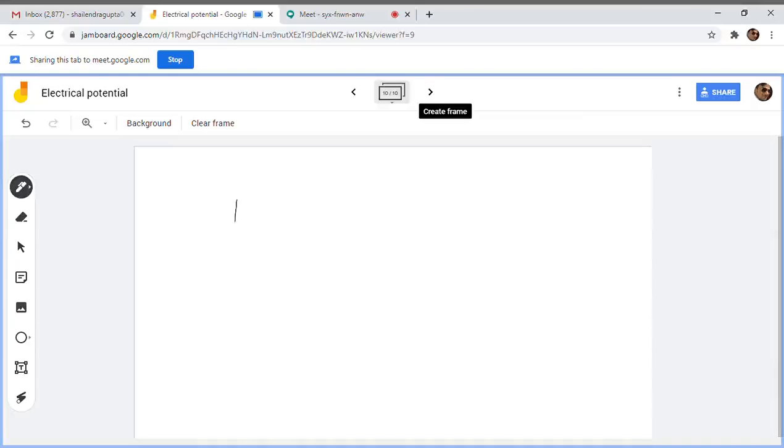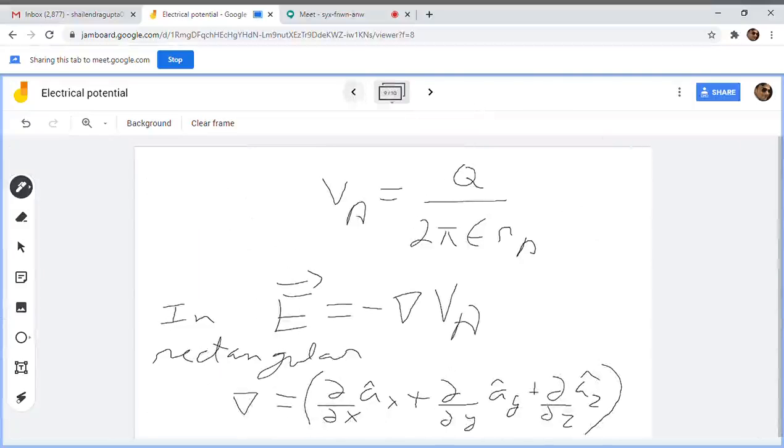So what will be your electric field? The electric field will be the negative of this gradient of VA. So here it is del by del x. What are we differentiating? We will differentiate this in terms of del by del x.